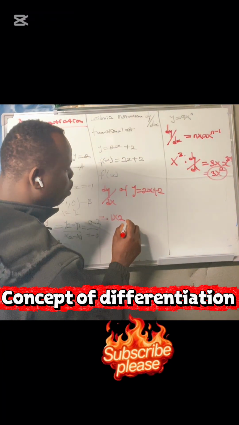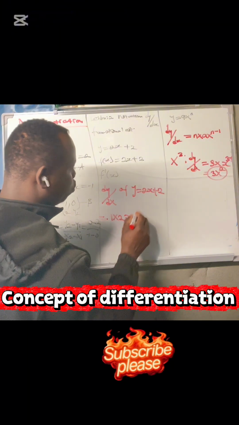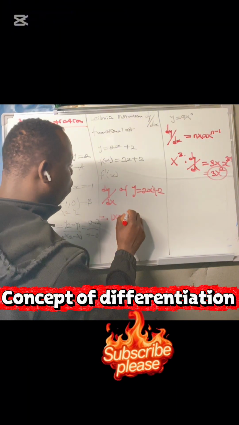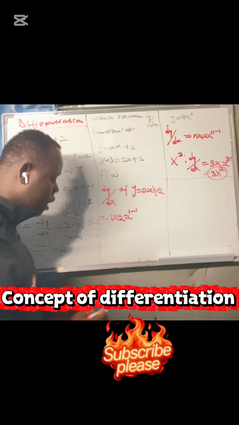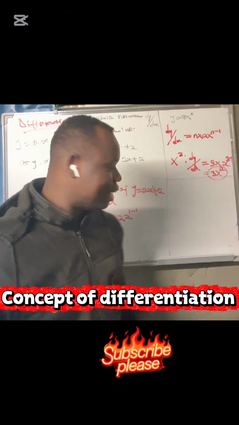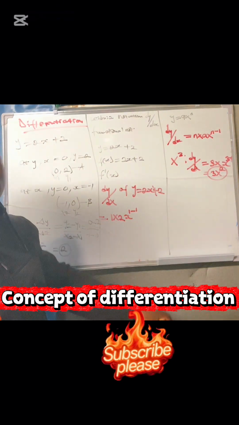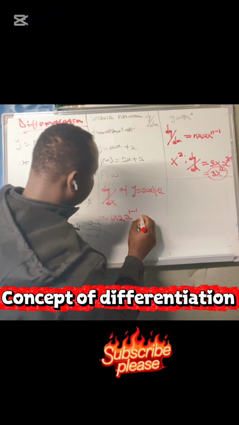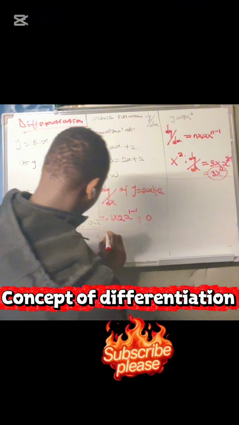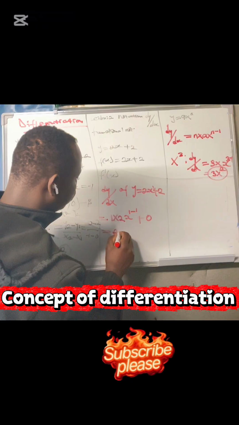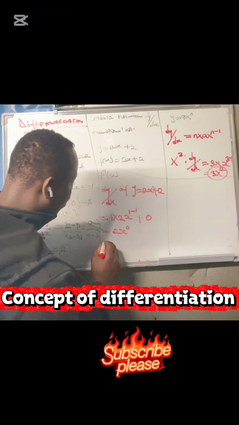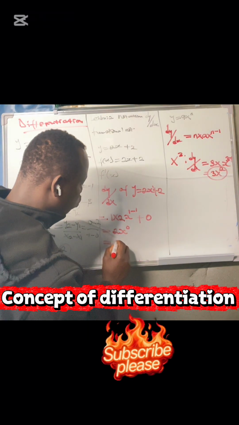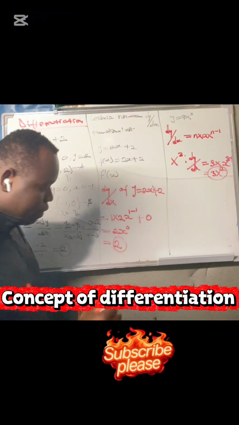Then x to the power 1, and you subtract 1 from it. And the rule also states that anytime you are differentiating a constant, it should be equal to 0. There is a reason for that. So plus 0. This is a constant, so 0. So this will be equal to 2x to the power 0. Any number to the power 0 is 1, so you get 2. Okay? 2 times 1 will give us 2.